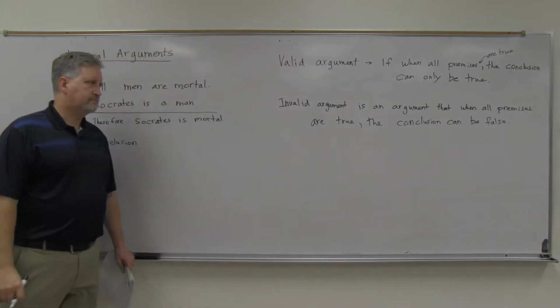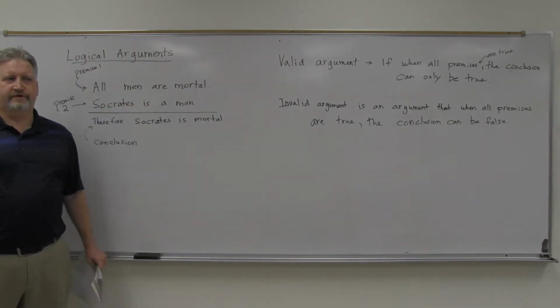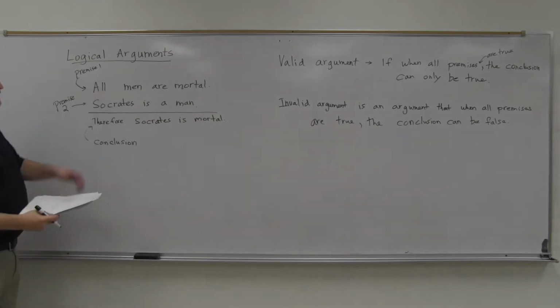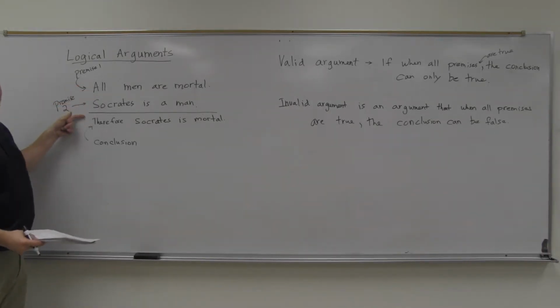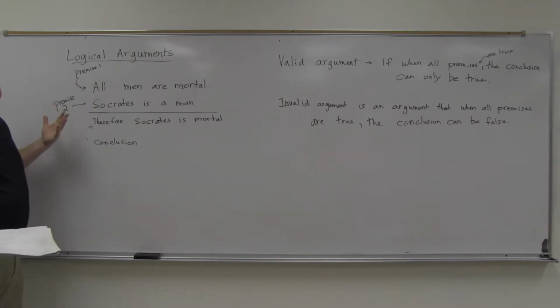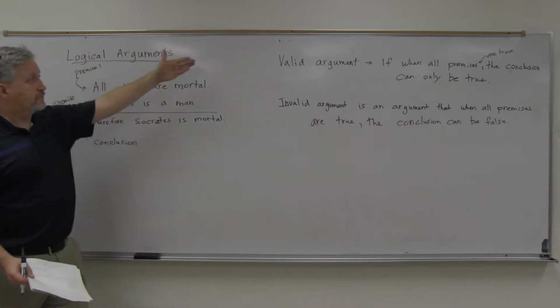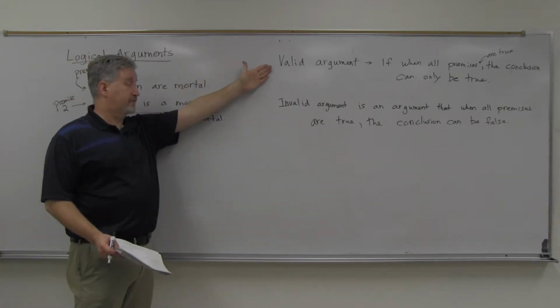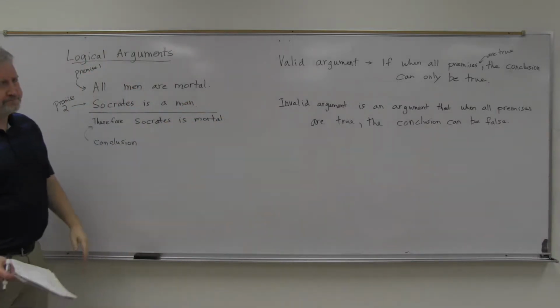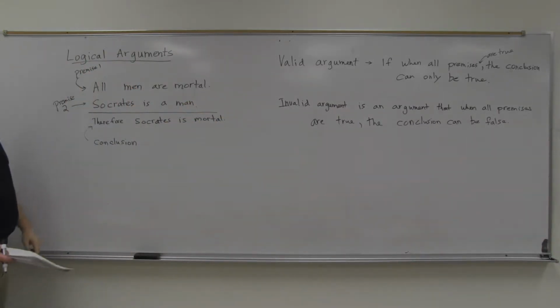Hopefully that makes fairly good sense. If these two are true, then this one has to be true for a valid argument. It's invalid if these two are true and this one can be false. Of course, in our logical arguments, we're looking for a valid argument. Sometimes we come across some invalid arguments as well.